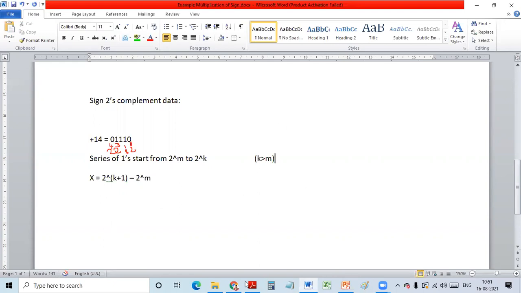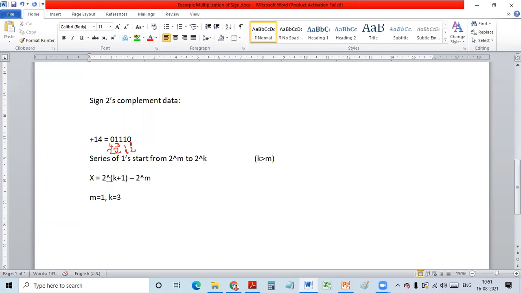See, for the same example, what is the value of m in our example, plus 14? M is 1, k is 3.